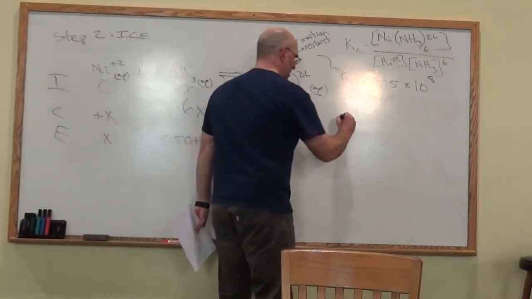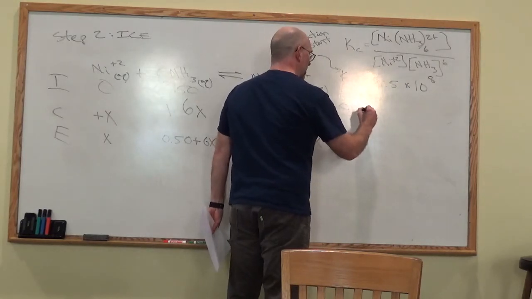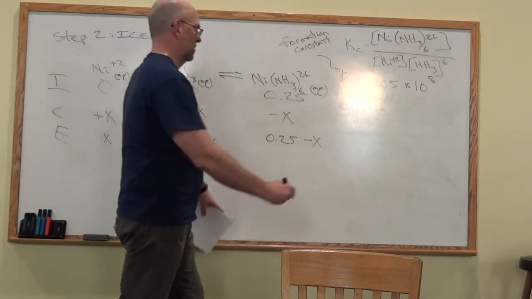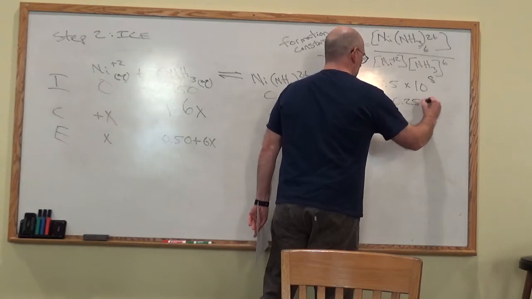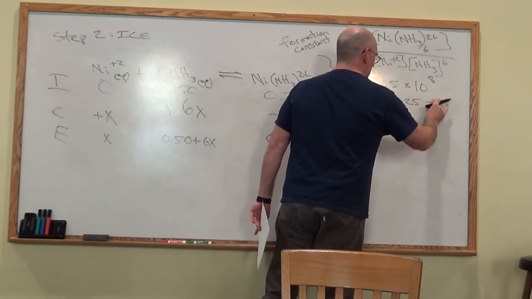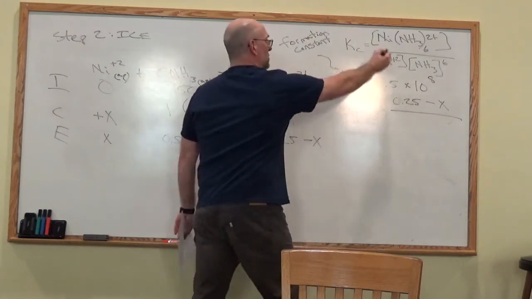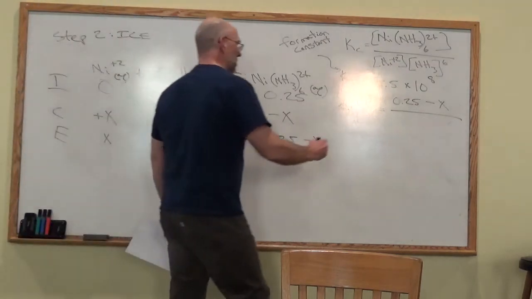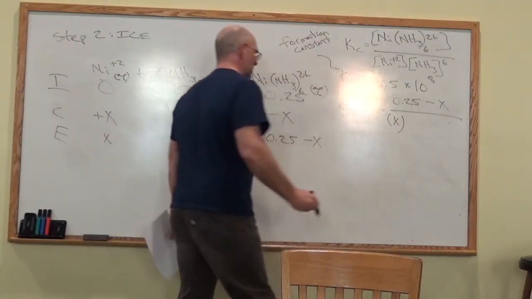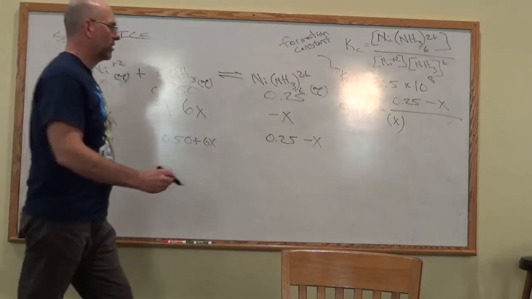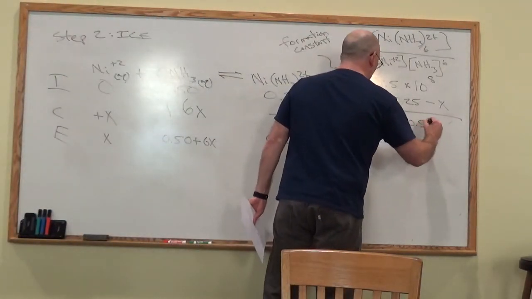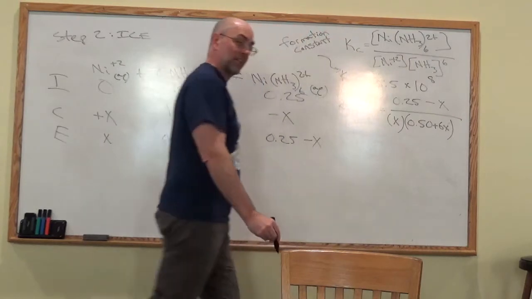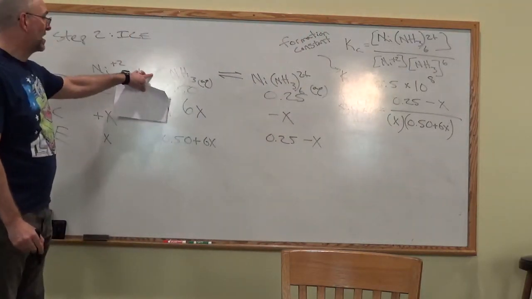So we're going to have 5.5 times 10 to the 8th equals the complex ion in the numerator times nickel in the denominator, and then 0.50 plus 6x, and check this out. This almost looks like it's going to be redundant. That has to be raised to the 6th power.